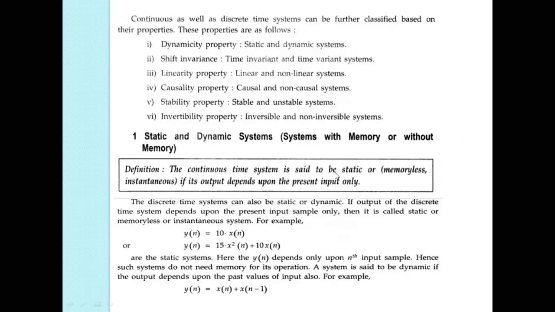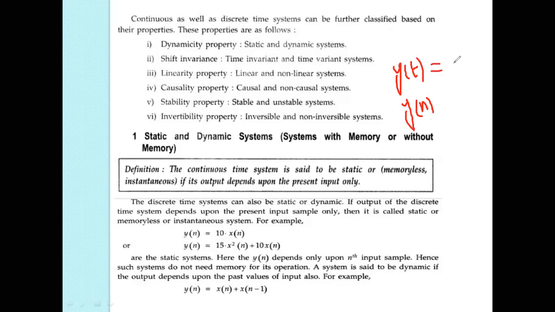The continuous time system is said to be static, memoryless and instantaneous, if its output depends only on the present input. The output is y of t or y of n. Static and dynamic systems apply to both continuous as well as discrete time systems, my students.